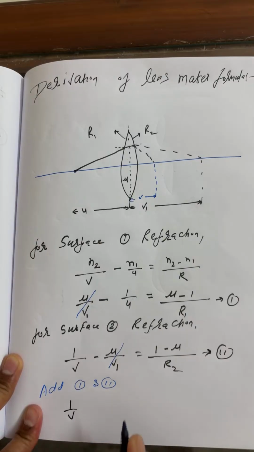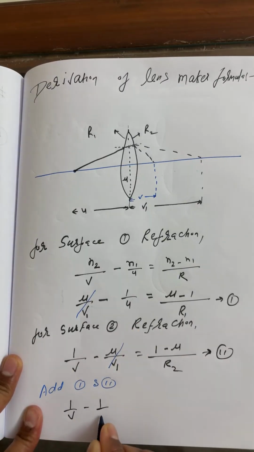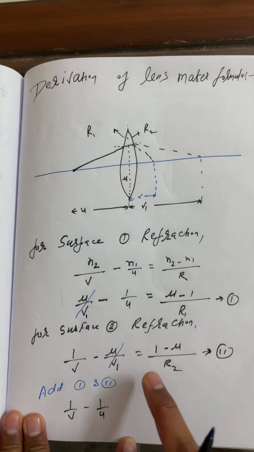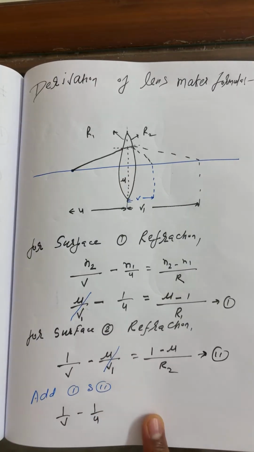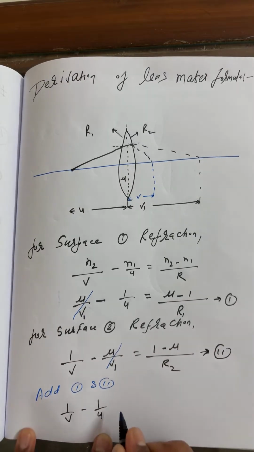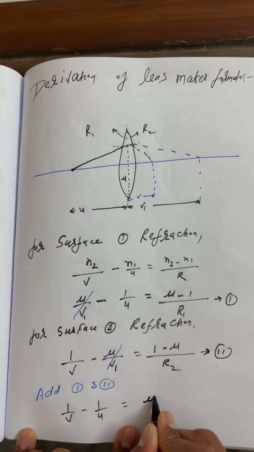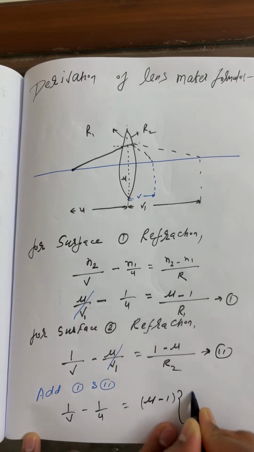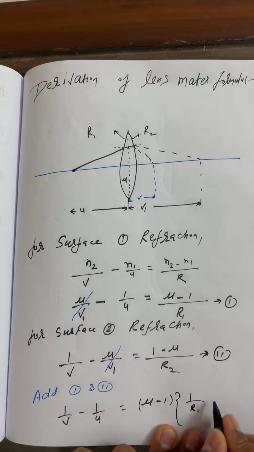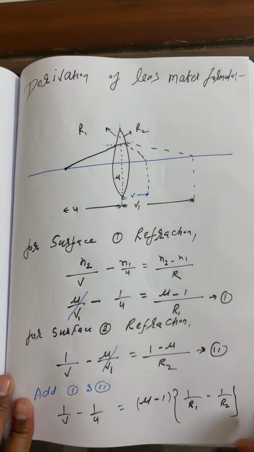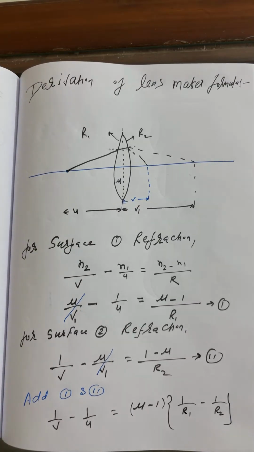This is 1 by V minus 1 by U. For the addition, you can take mu minus 1 common here. So we can write mu minus 1 into 1 upon R1 minus 1 upon R2.